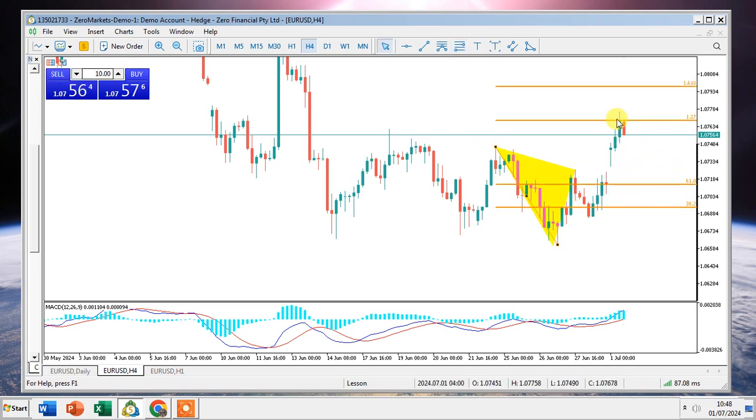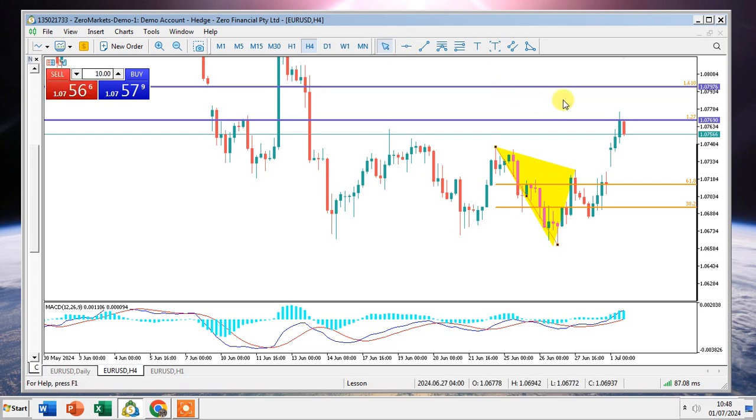You can see price starts moving straight from the 127 extension, and we're going to mark also the 1618 extension.